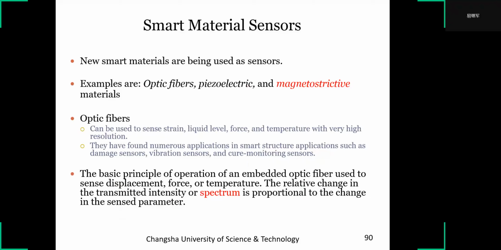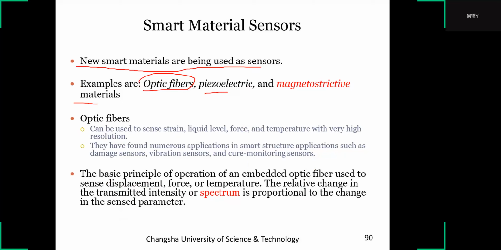Smart material sensors. New smart materials are being used as sensors. Examples are optical fibers, piezoelectric and magnetostrictive materials.